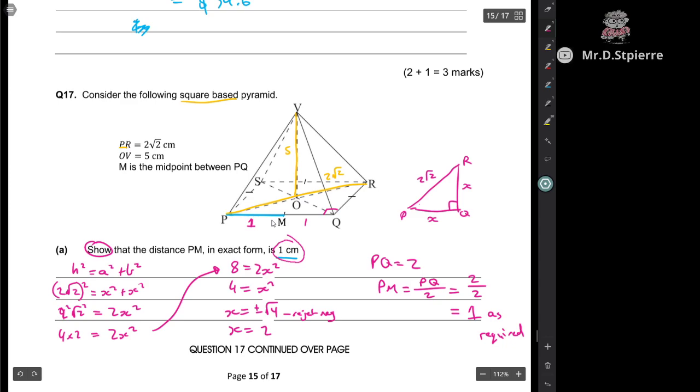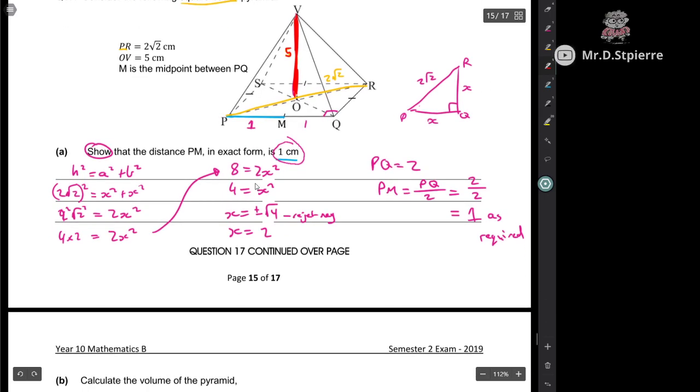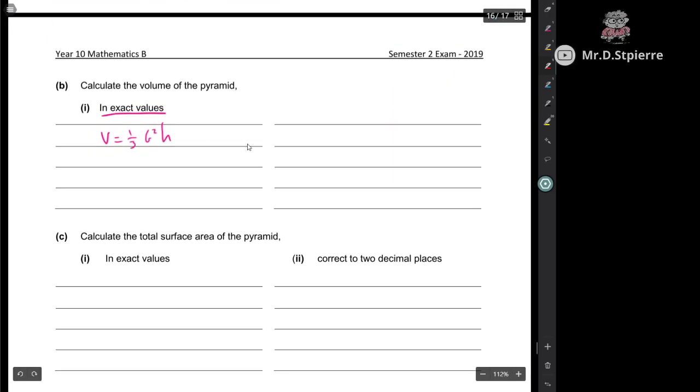I always remember that the volume and surface area of a pyramid is really annoying because the h refers to different things, but for volume it's referring to this height here, the vertical height, which we're actually given as 5. And we know that the base all the way across, since we're told PM is 1, that distance all the way across is 2, and same up here, that distance is 2.